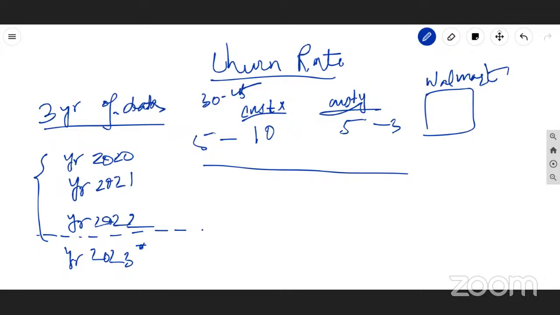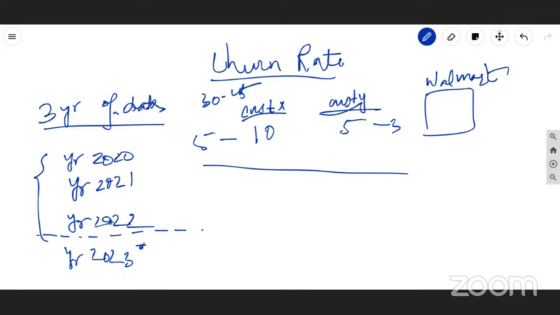So what you're saying is the problem statement is to predict churn in the third year, right? Whether these customers are going. Yes. So basically pick up the trend from the first 2 years, customer wise, and bucket that data. And then in the third year, compare what is the percentage of drop in average number of visits or average spend.